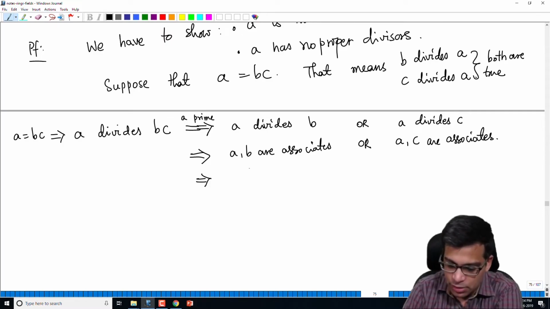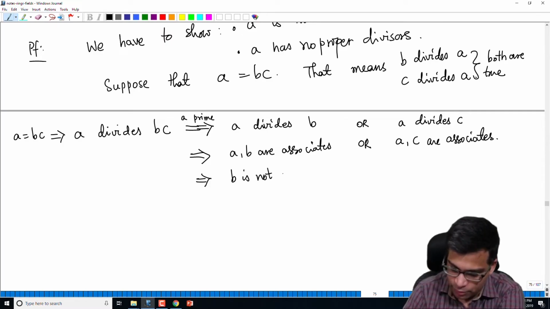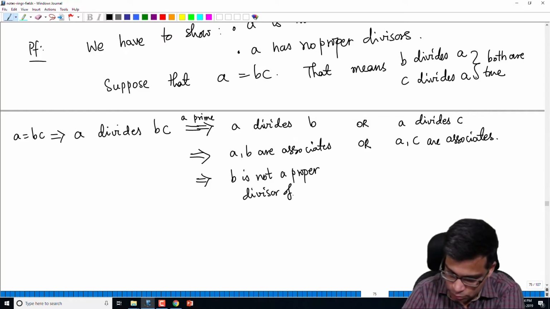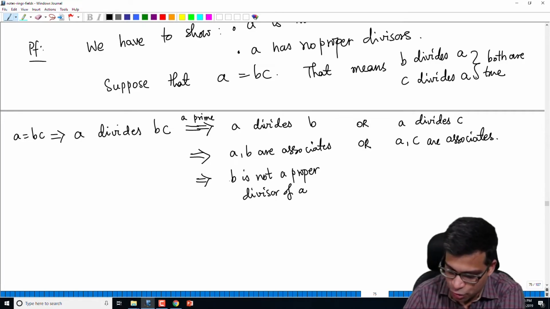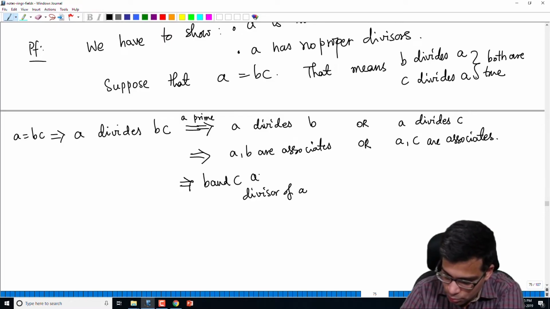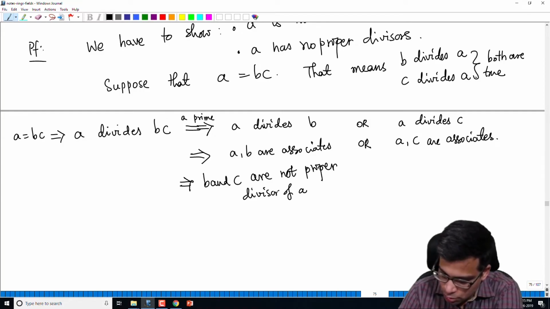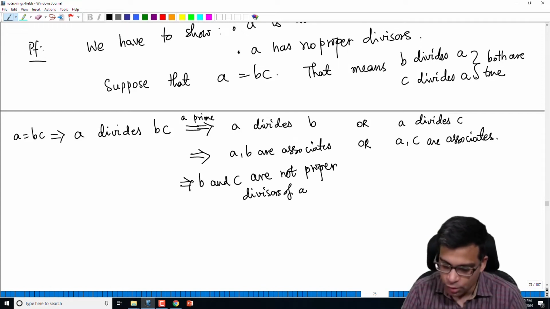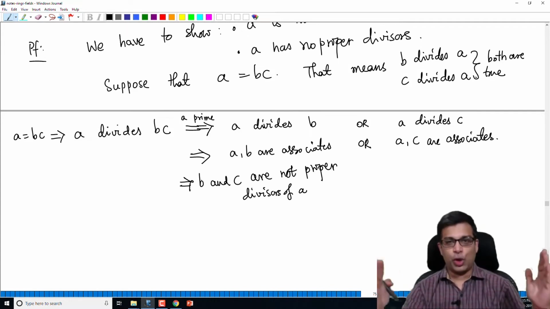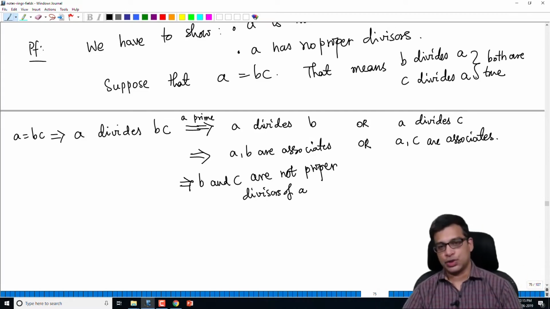But this means B is not a proper divisor of A. B and C are not proper divisors. Actually, I should say they are both not proper divisors, because a proper divisor is one where both terms are not units and not associates, right?